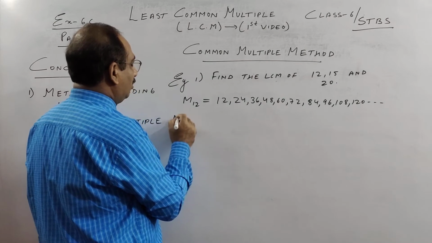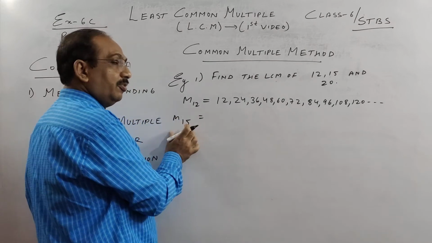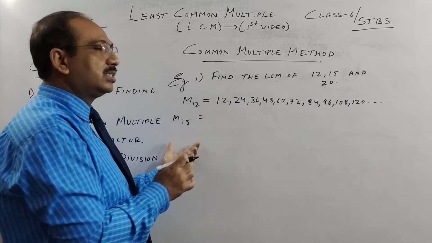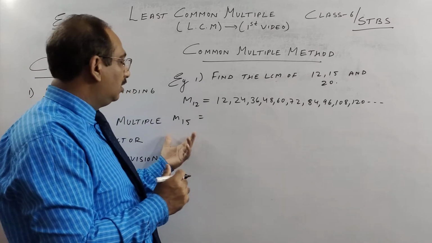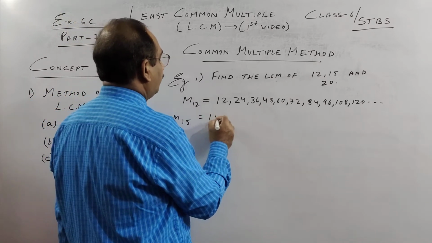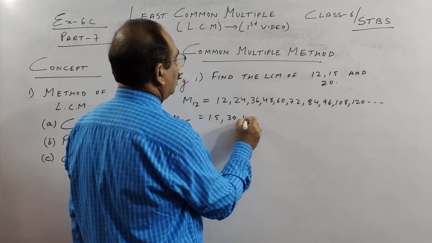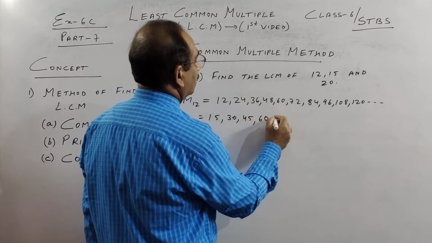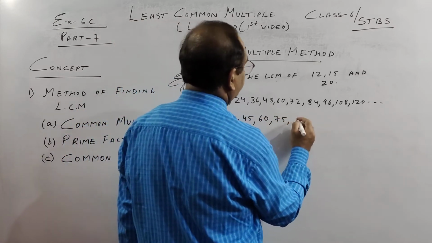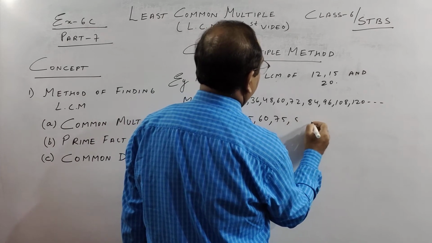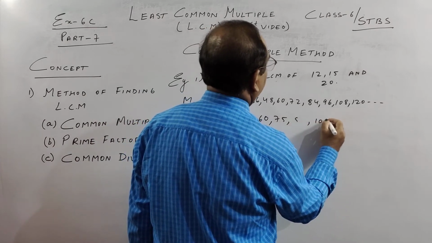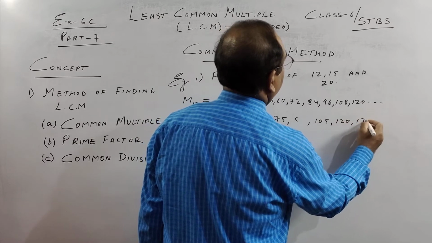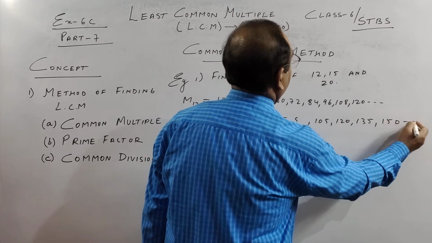Okay, so multiple of 15, M 15 means multiple of 15. We save space and it is logical. Factor we write as. So 15, 2s are 30, 45, 60, 75, 90, 105, 120, 135, 150, like that.